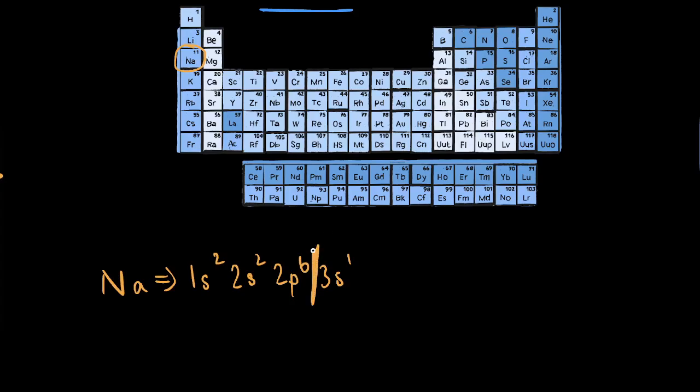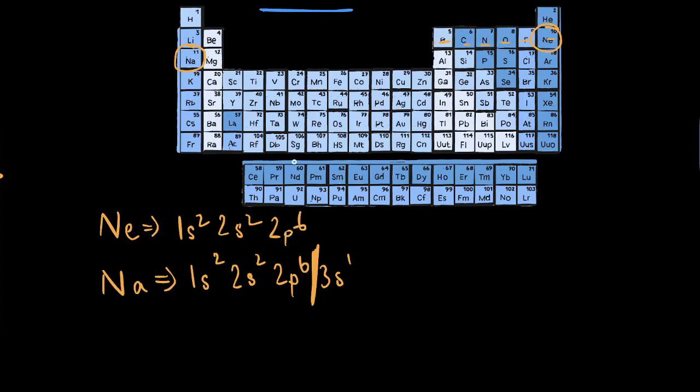You'll notice that everything before this 3s1, this 1s2, 2s2, 2p6, is actually the electron configuration for neon. If we were to write it out, we would do 1s2, 2s2, 2p 1, 2, 3, 4, 5, 6, 2p6.